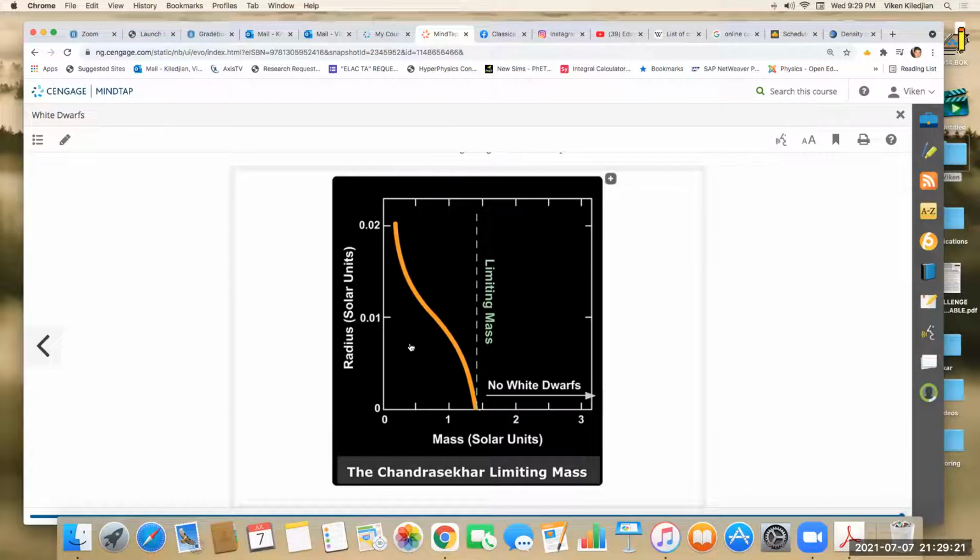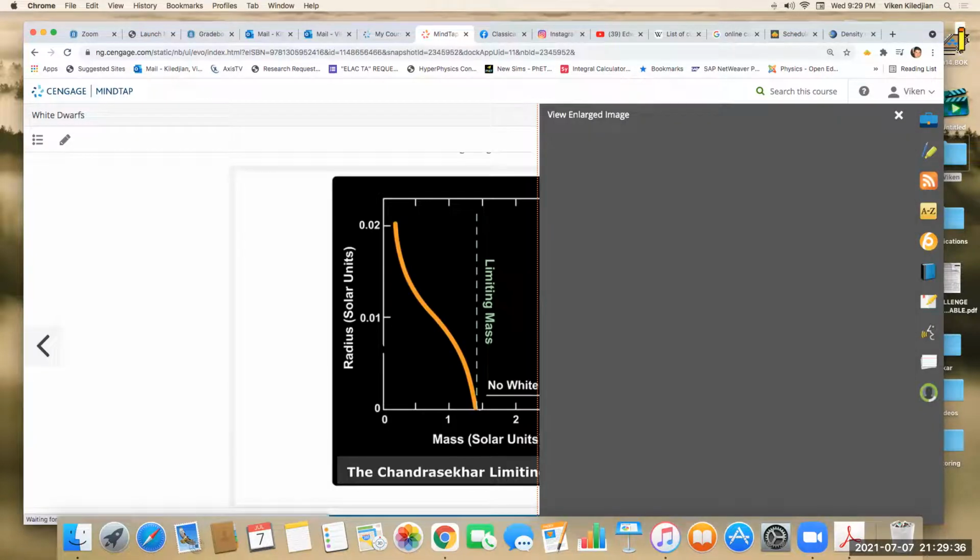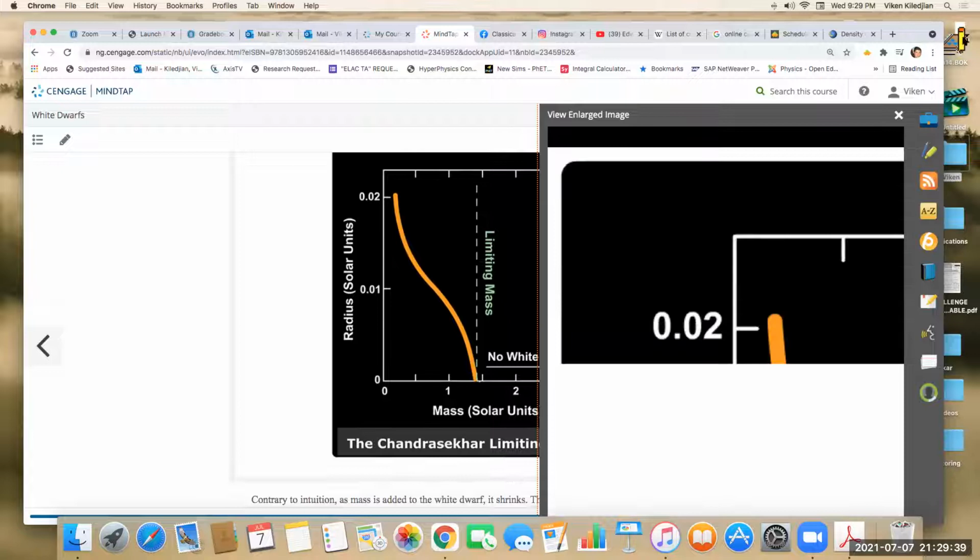Maybe around 0.01. I would say 0.007 of the radius of the sun, which means about the radius of the Earth, you see.